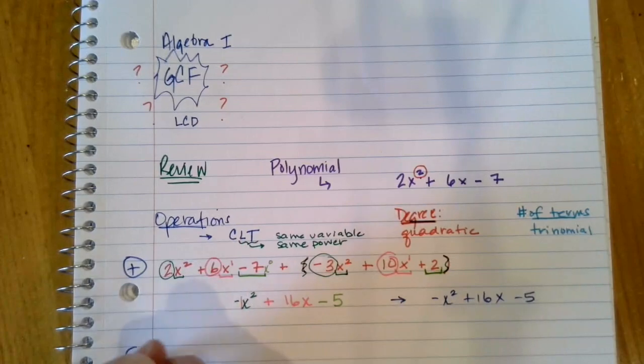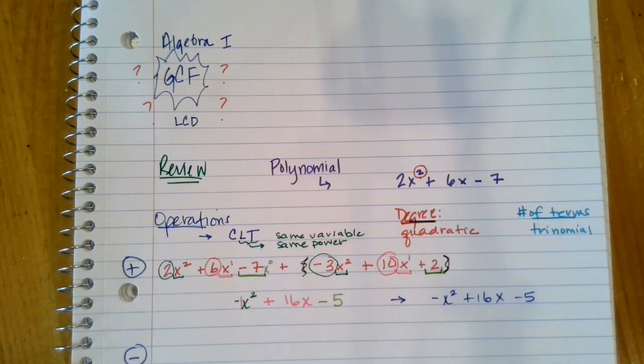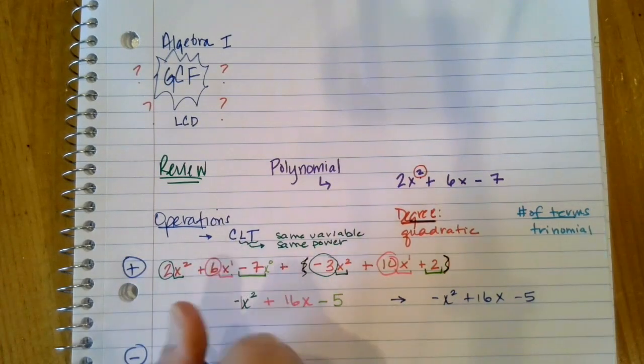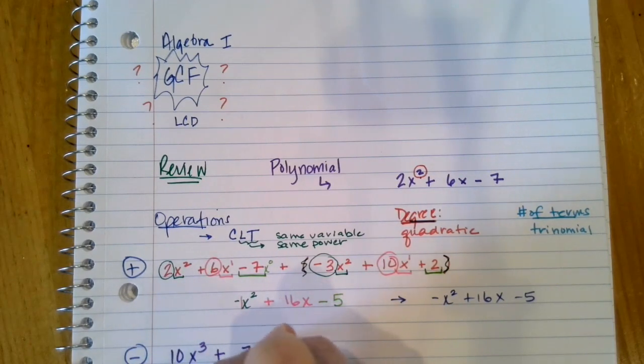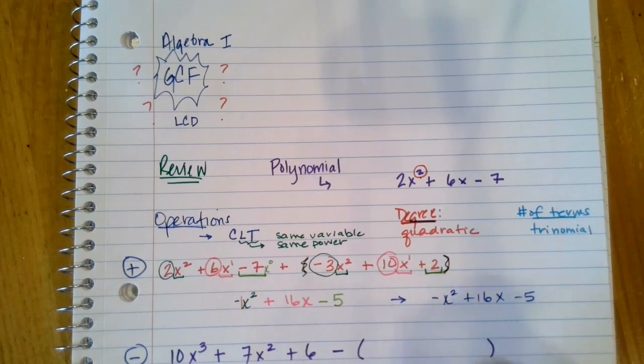Now we'll go ahead and do a subtraction problem. And the subtraction problems can be a little bit trickier. Let's say I have 10x cubed plus 7x squared plus 6, and I'm subtracting x squared plus 5x minus 3.